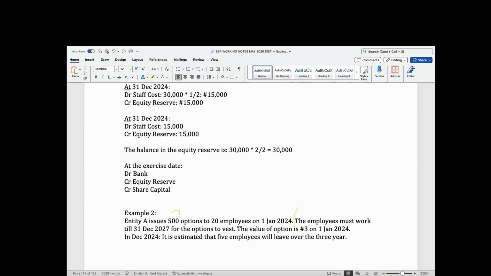Because here we have a vesting period of 24, 25, 26, 27. It's not 3 years, so it's 4 years. Over the 4 years.